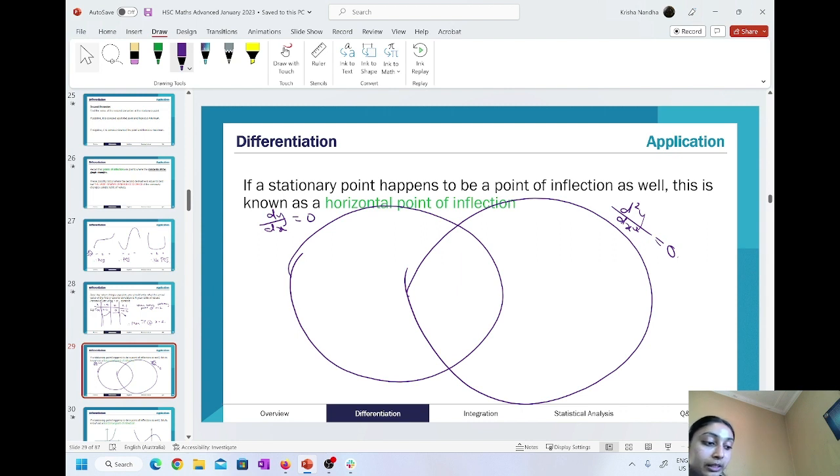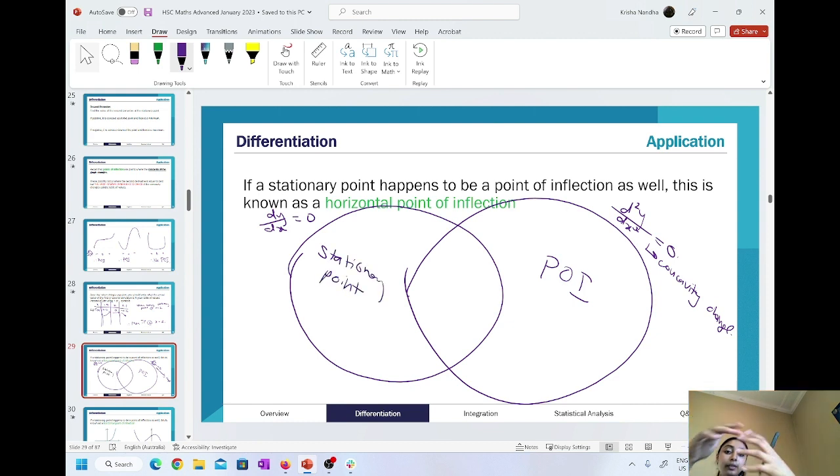Okay, so this is a concavity change, not like that quartic that I had in the previous slide. So this is a point of inflection. This is a stationary point. And when we put them together, and it's both a stationary point and a point of inflection, it is a HPOI, aka a horizontal point of inflection.